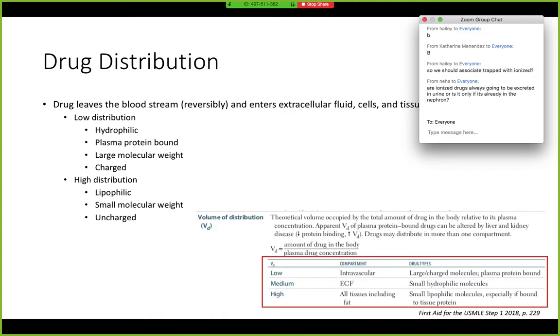As far as I know, yes, ionized drugs are going to be excreted in the urine because they're being trapped. But again, it all has to do with what type of environment the urine is. Is your urine acidic or is your urine alkaline?